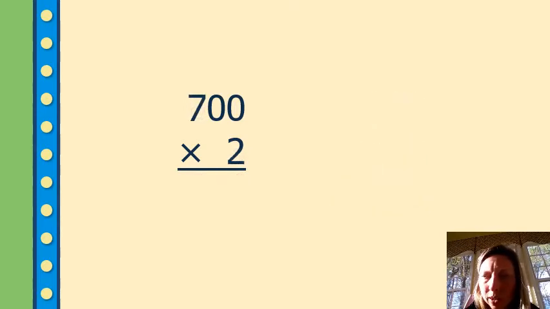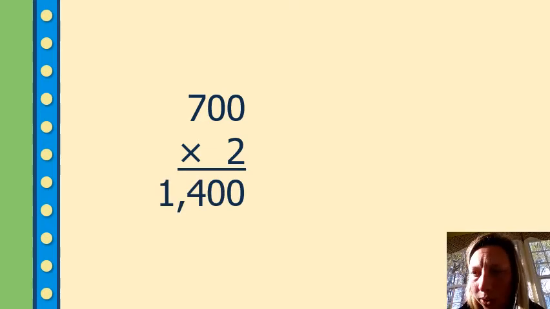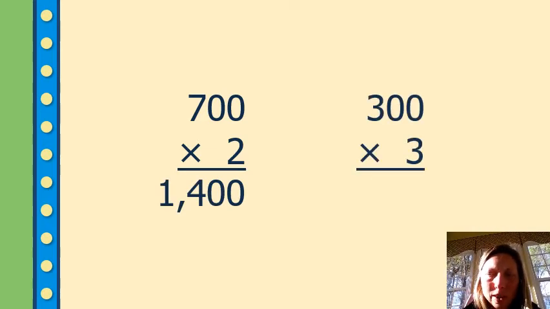Bring down the two zeros. 7 times 2 is 14, so that makes 700 times 2 equal to 1,400. 300 times 3. All right, 0 times 3 is 0, 0 times 3 is 0, and 3 times 3 is 9, so you get 900.